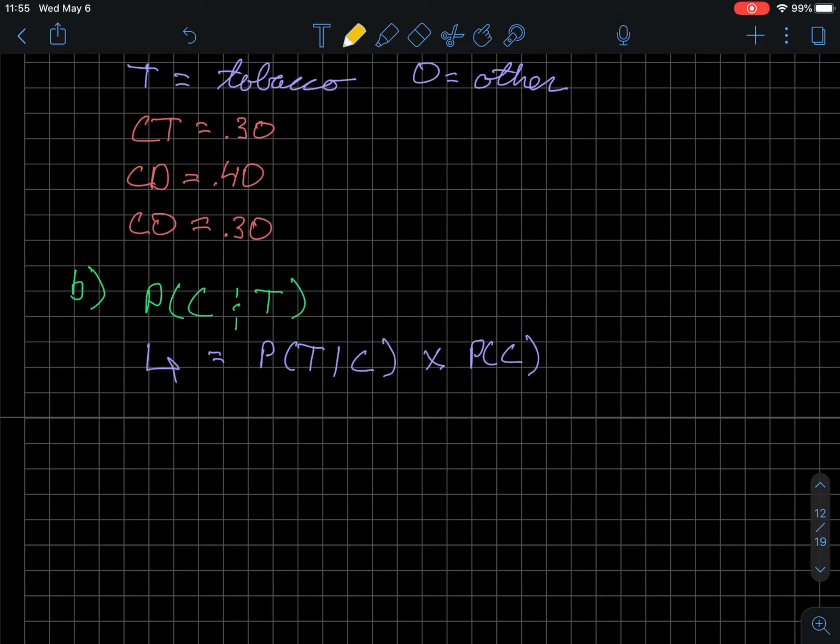And if we plugged in our numbers here, we already know that the probability of having a cancer-related death due to tobacco is 0.30, and we would multiply this times the probability of having a cancer-related death in general, which is 0.25.